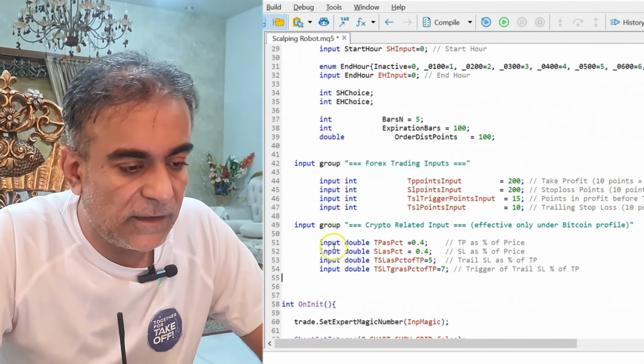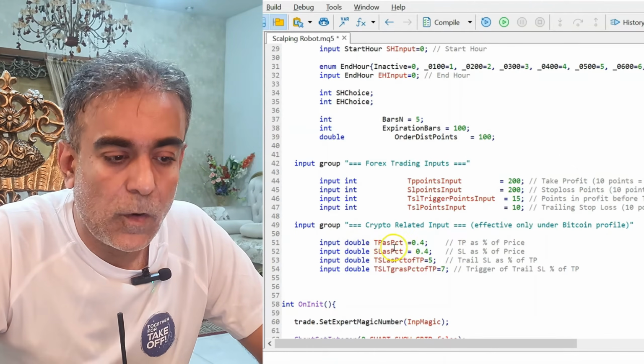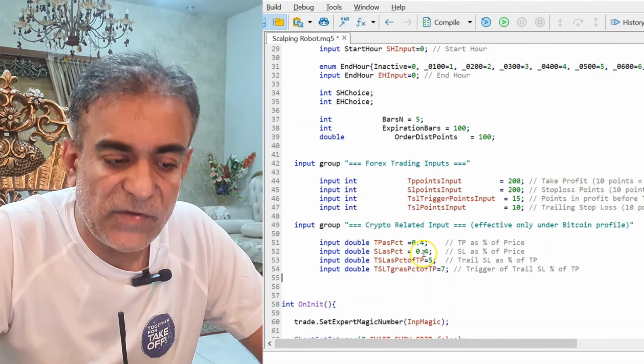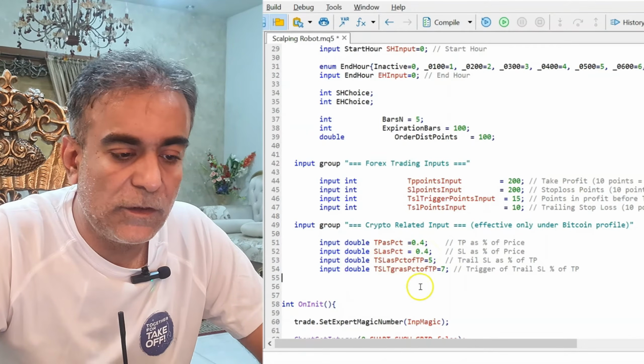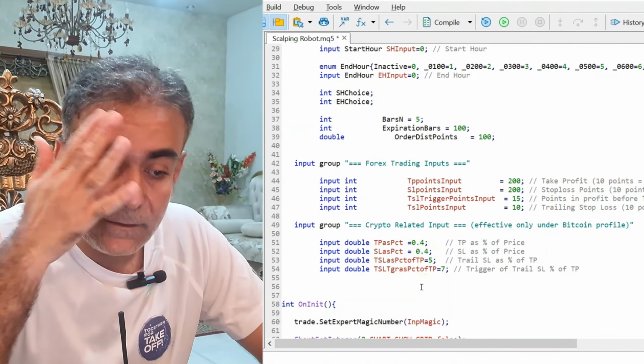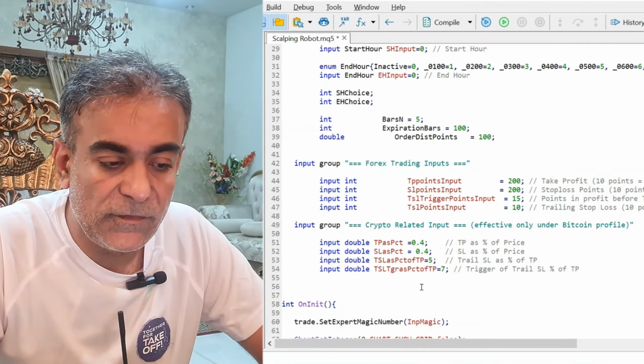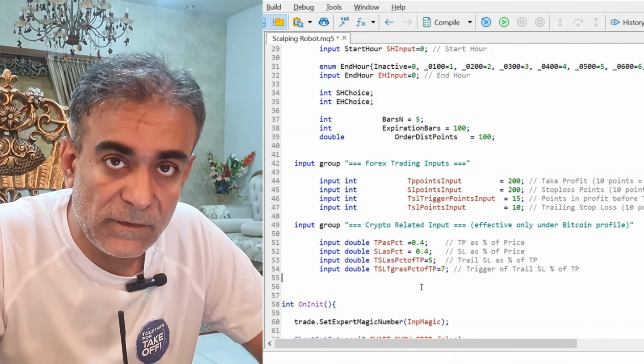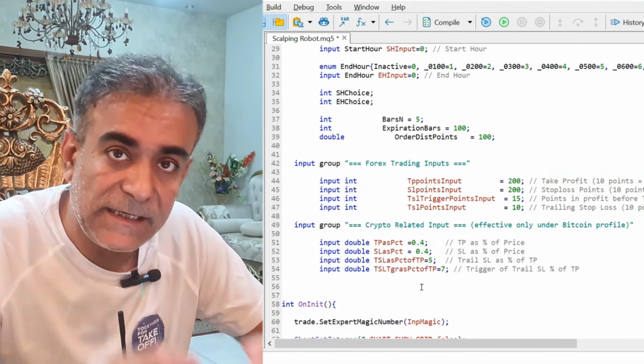And so we are asking the user to provide an input of TP as a percentage of the price, SL as a percentage of the price, and then we're going to use that TP and assign the trigger of the stop loss and the stop loss itself, or the trailing stop loss itself, as a percentage of that TP.